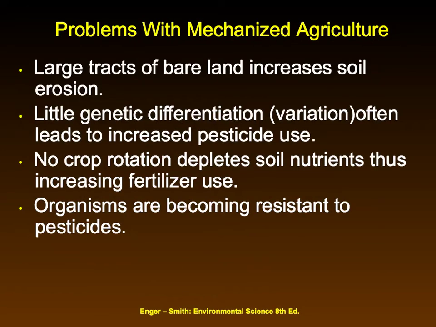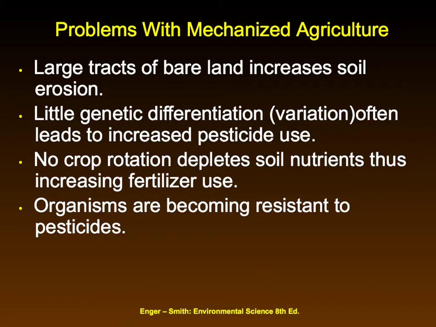As previously said, there are some problems with mechanized agriculture. The first one is that there are large tracts of bare land that increase soil erosion. In addition, there's very little genetic variation in the crops because we're doing monoculture, so this leads to an increase in pesticide use. When we don't rotate crops, it depletes the soil nutrients, thus increasing fertilizer use.